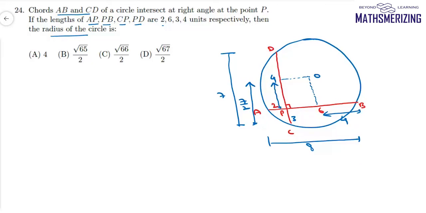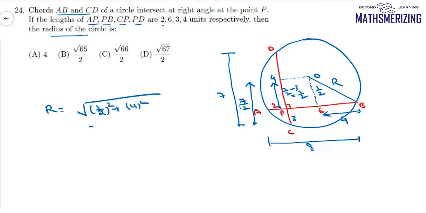This length will be 7 by 2 minus 3. So it is simply 1 by 2. So this length is 1 by 2. This length is 4. So if I have to find the radius of this circle, then the radius will simply be under root of 1 by 2 square plus 4 square. So it is 1 by 4 plus 16. So it will be under root of 65 by 2. And that's your option number B.